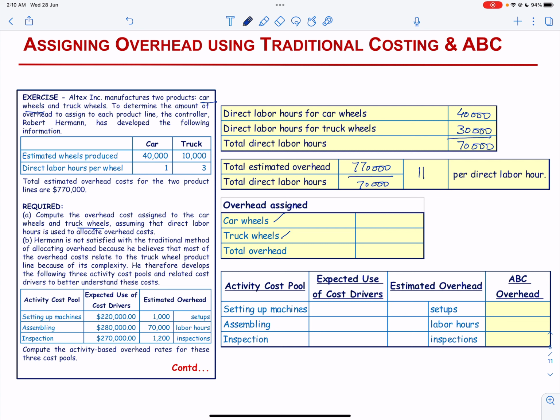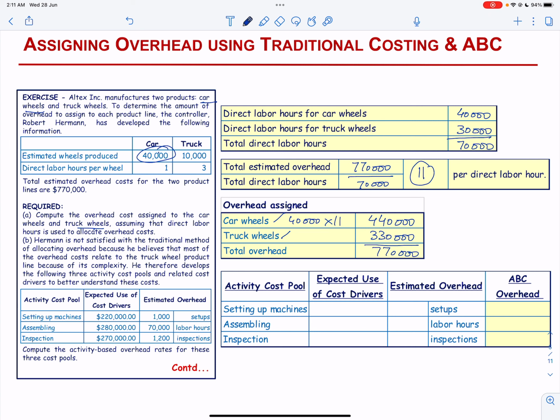For the cars, it is 40,000 times the 11, the per direct labor hour, that is 440,000. And for trucks, it will be 30,000 times 11, that is 330,000, that is equal to 770,000.